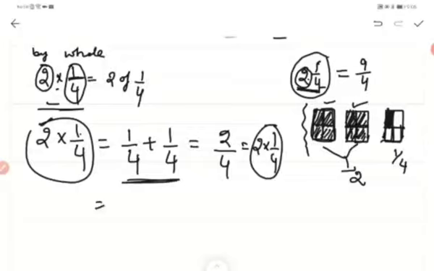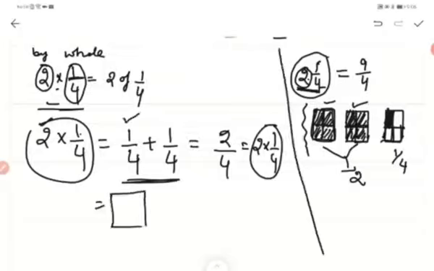So how will you represent this in pictorial form? I'll take a square. How will you represent 1 by 4? Students, I hope everyone knows by now how to represent a fraction in pictorial form. When I represent this fraction in pictorial form, I'll take a square which is divided into 4 parts, and we are using only one part of it. So I am shading this here.